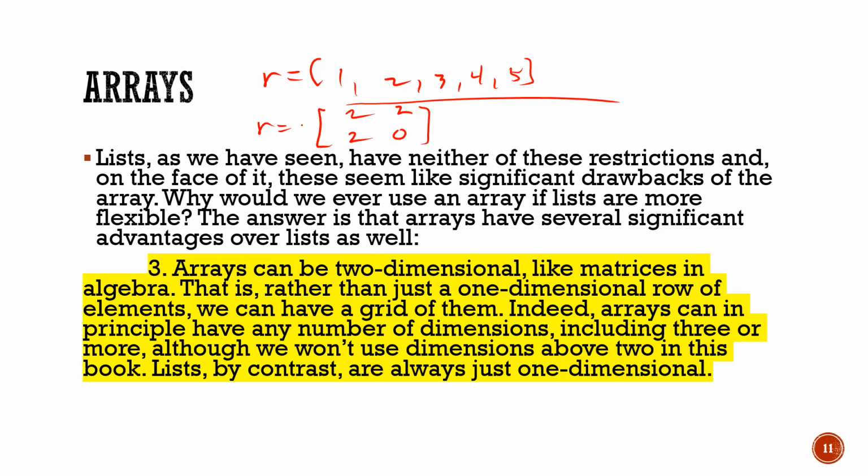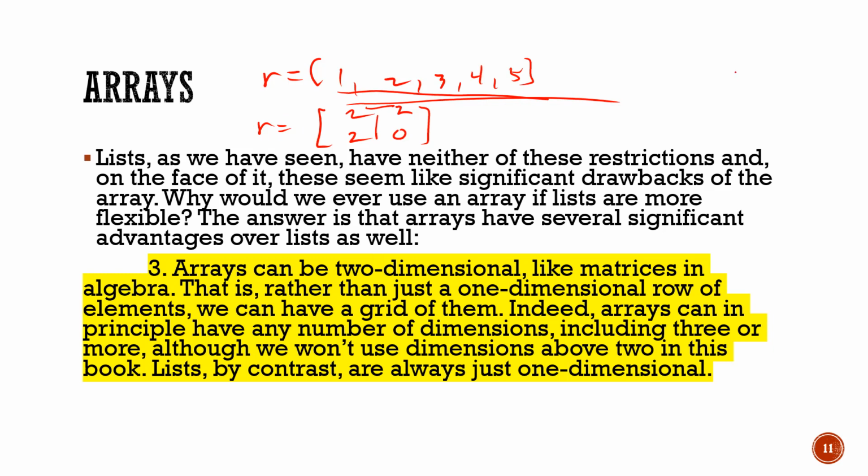You cannot write a two-dimensional list. A matrix is two-dimensional because it has two rows and two columns, a column by row matrix. A list is only one dimension, but arrays can have n dimensions.